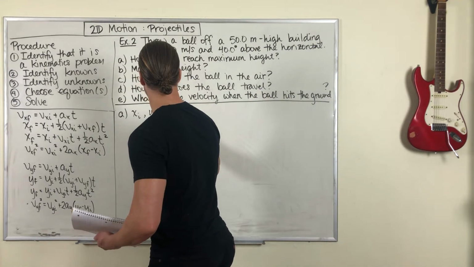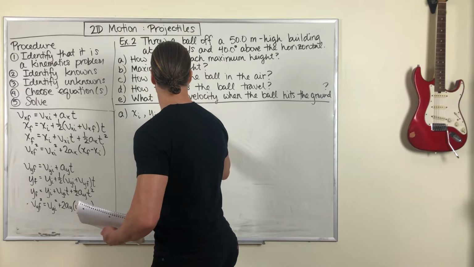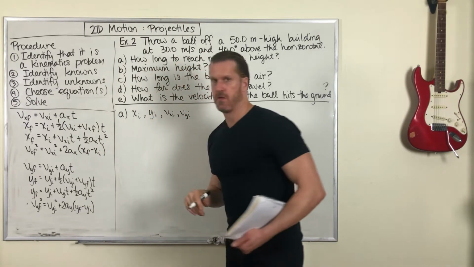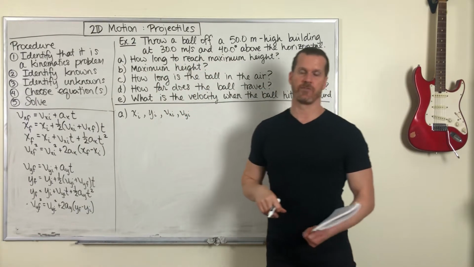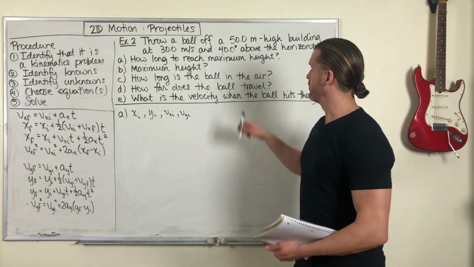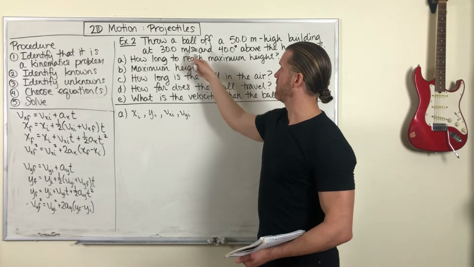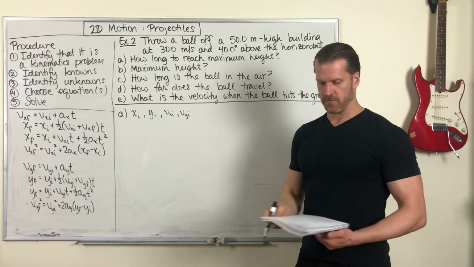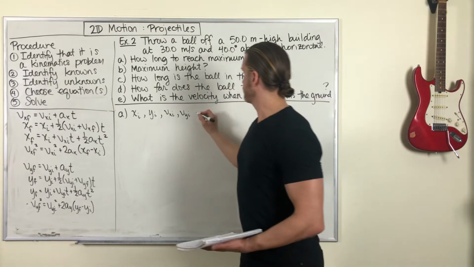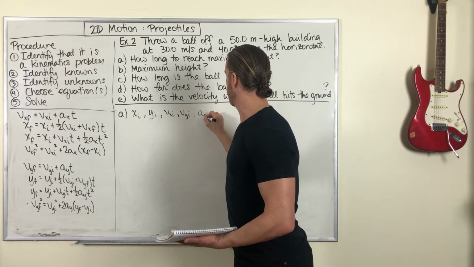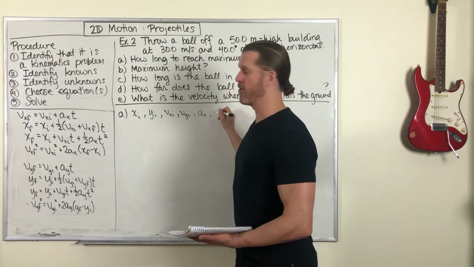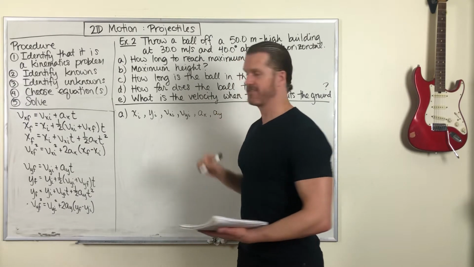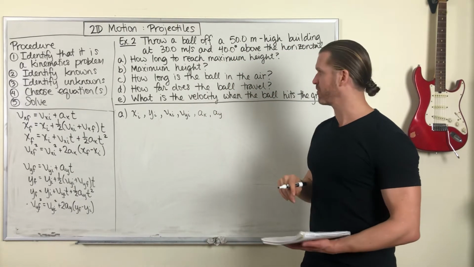We know Vx initial and Vy initial. Those are the same values that we had from the last example, because we're launching with the same speed and angle. We know Ax, that's 0. We know Ay, that's negative 9.8 meters per second squared.